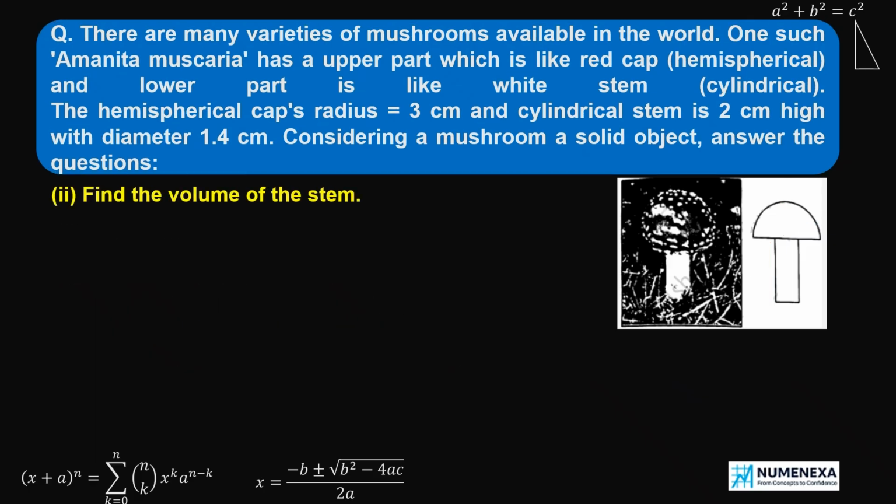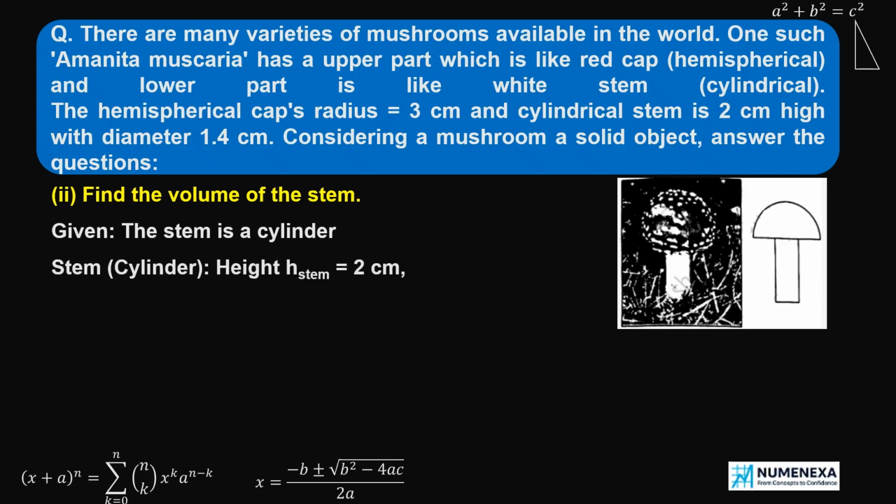The next question: find the volume of the stem. Now as we know, the stem is a cylindrical solid. Let's recall, the height of the cylinder is given as 2 centimeter, and the diameter is given as 1.4 centimeter.